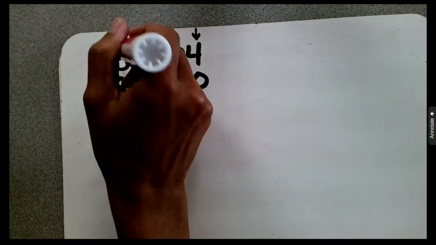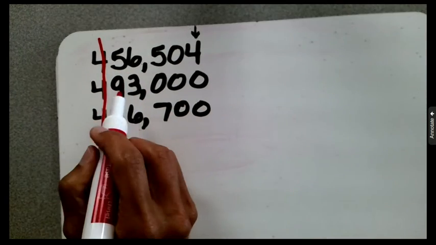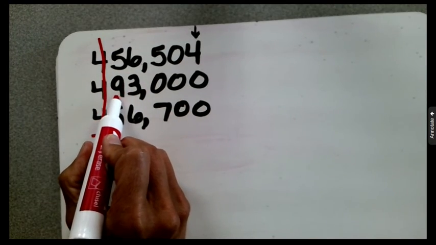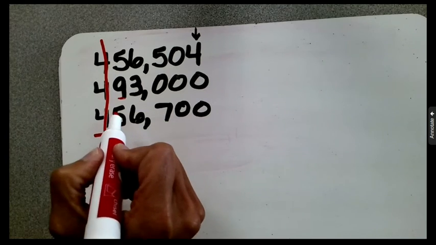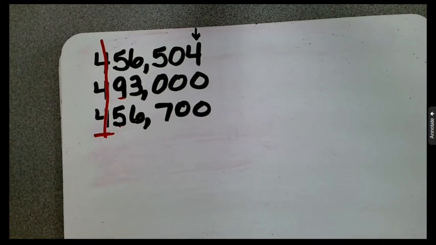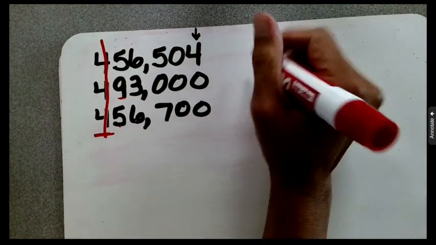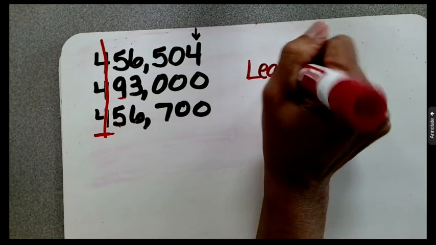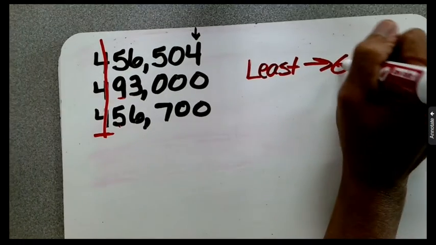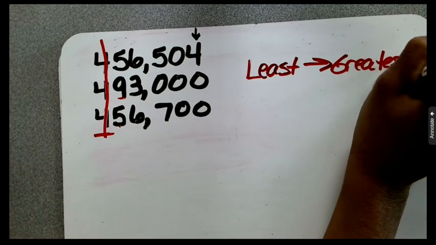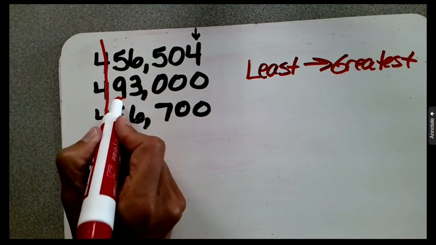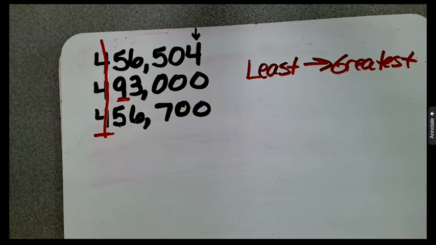Now we have the next column. We have a 9 and 2 5s. Well, if we are lining these up from least to greatest, we know right now that 9 is the biggest number.